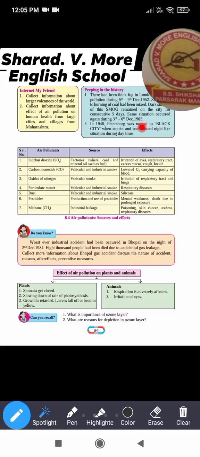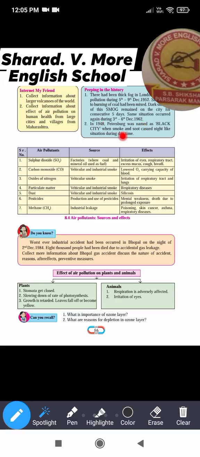So in 1952, from 5th to 9th December, very thick fog formed because of the mixing of smoke in the cloud that forms near the earth in the winter season. And the same situation arose in 1962 from 3rd to 6th December.